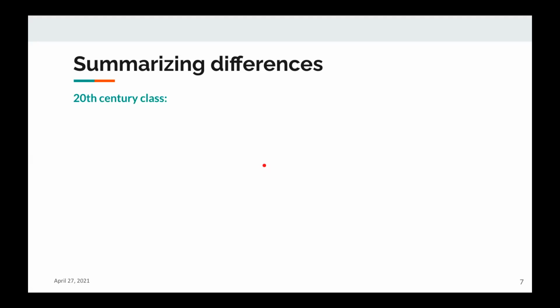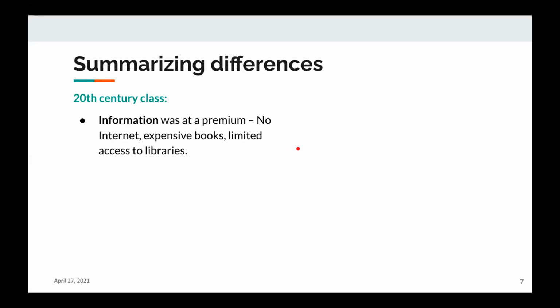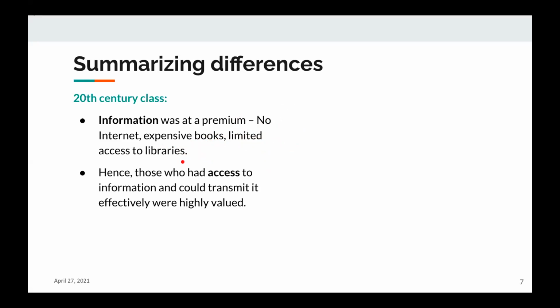short way. So if you could see in the 20th century class, like all of you have said, information was at a premium. So there was no internet, and the books were expensive, and access was limited to libraries, and so to the teachers, or the one who has knowledge or who has read the books.